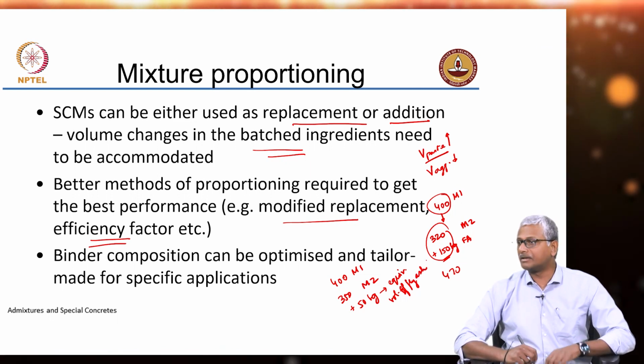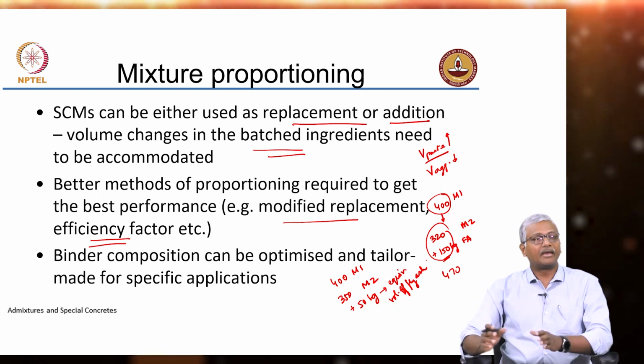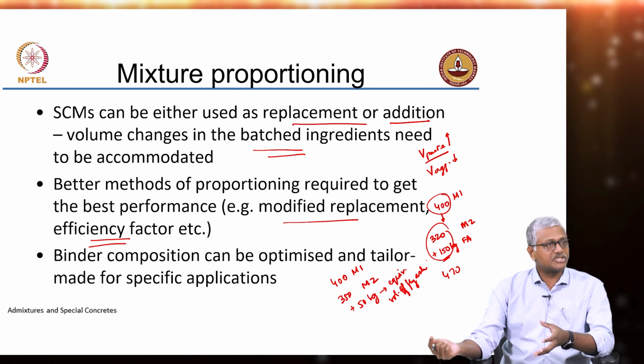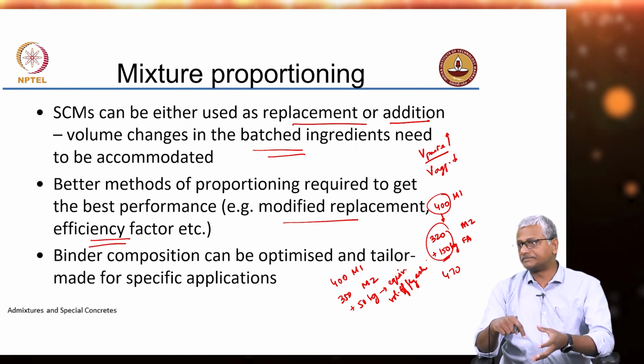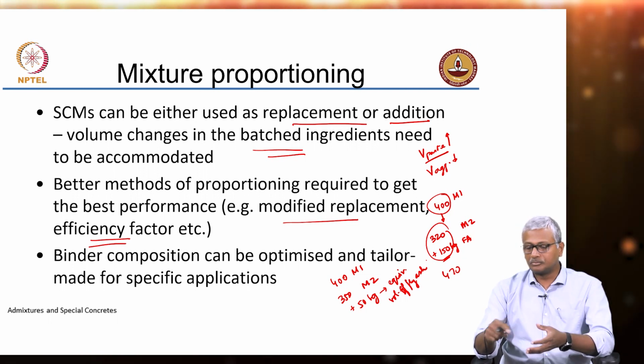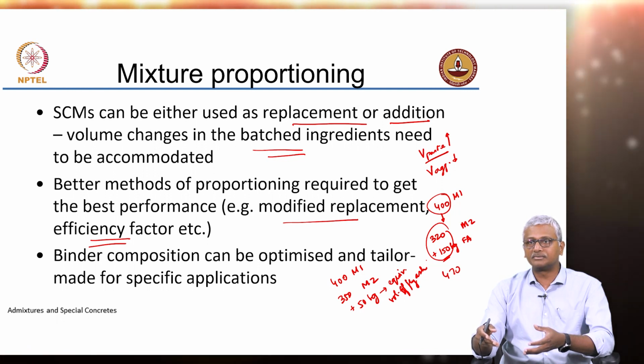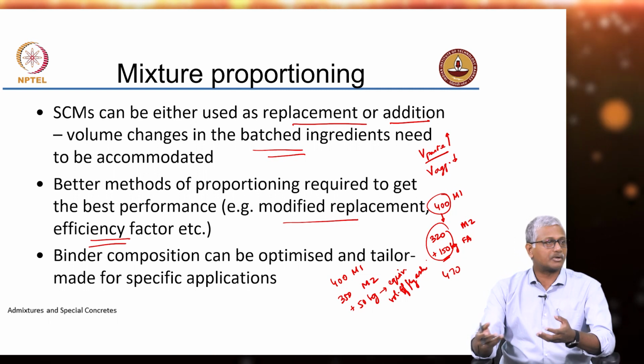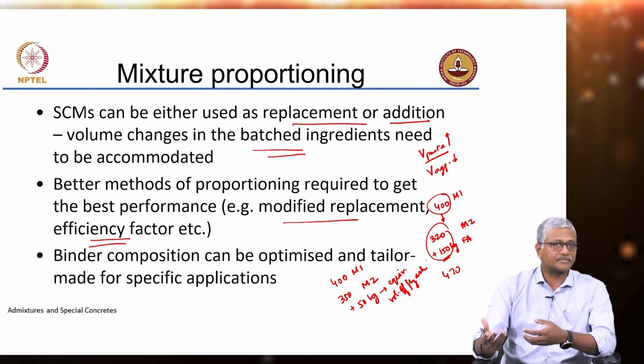What do I mean by that? I have removed 50 kilograms of cement and whatever volume that created in my system, that much equivalent volume of fly ash I added. So, what happens to your paste to aggregate ratio? It does not change because you are volumetrically replacing the system.